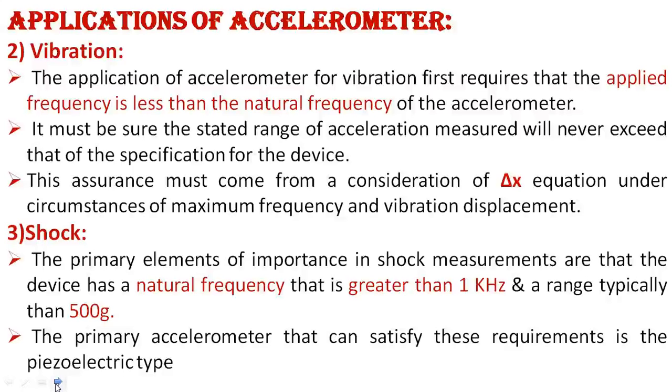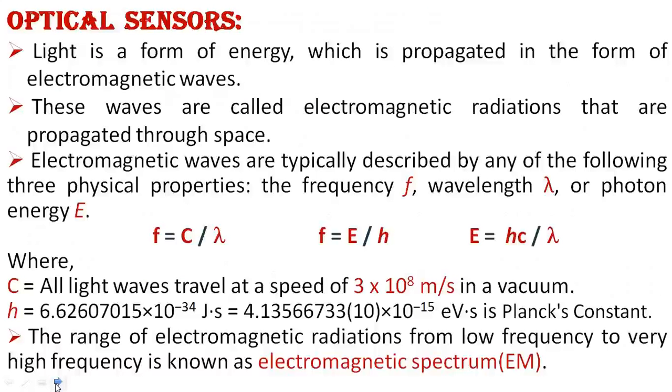Third is shock. The primary elements of importance in shock measurement are that the device has a natural frequency greater than 1 kHz and a range typically of 500 g. The primary accelerometer that can satisfy this requirement is the piezoelectric type.